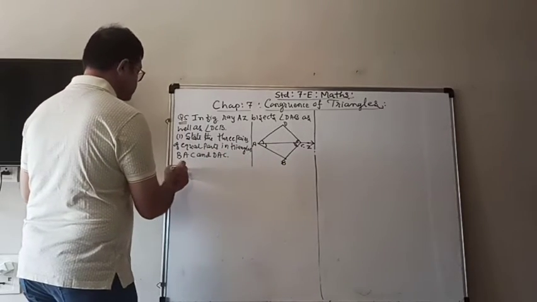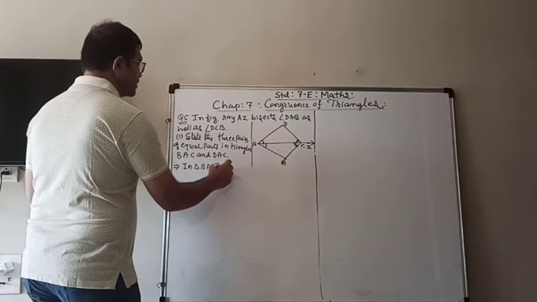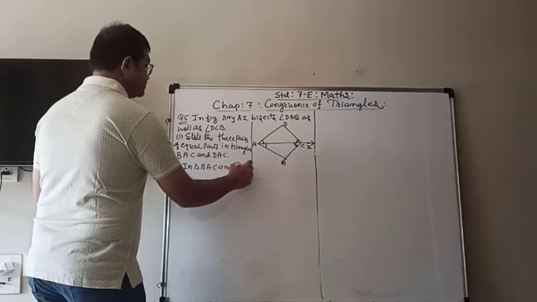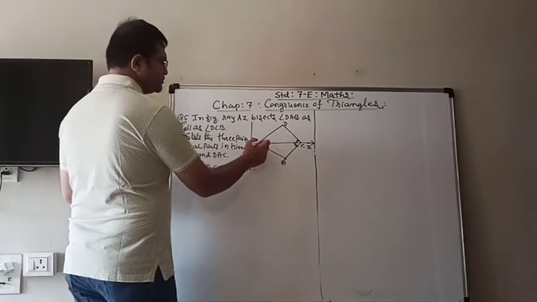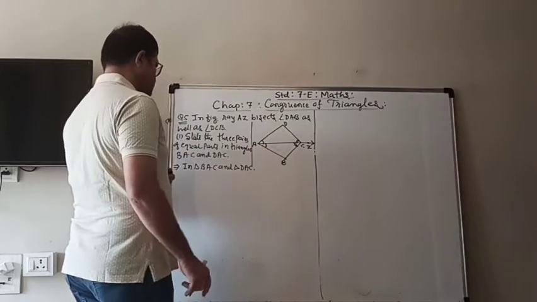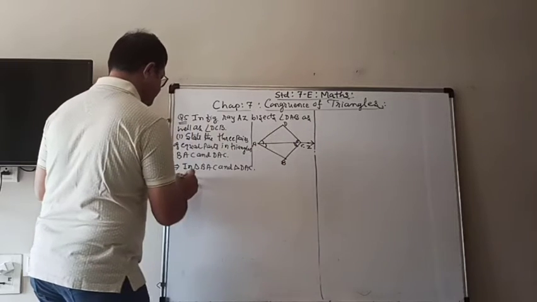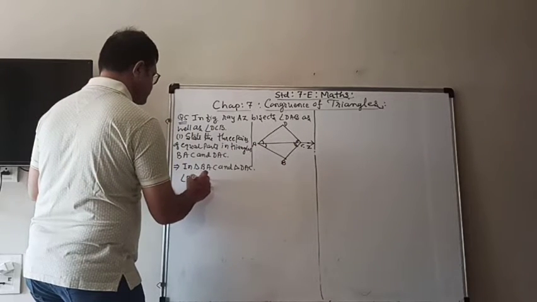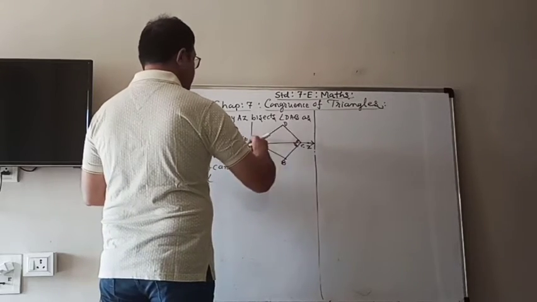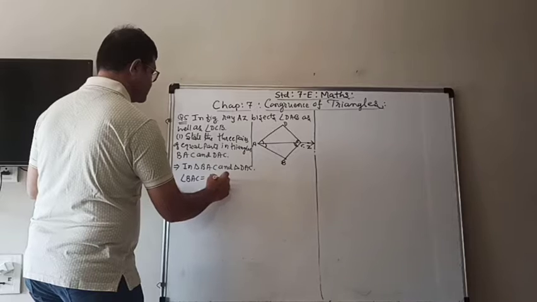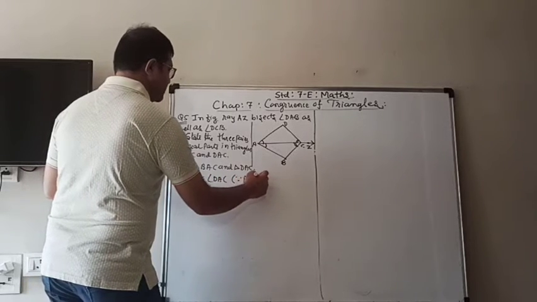Look here. In triangle BAC and triangle DAC, you can see that these angles are equal, means angle BAC is equal to angle DAC, because AZ is the bisector.